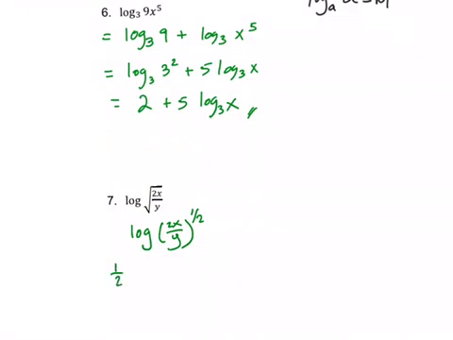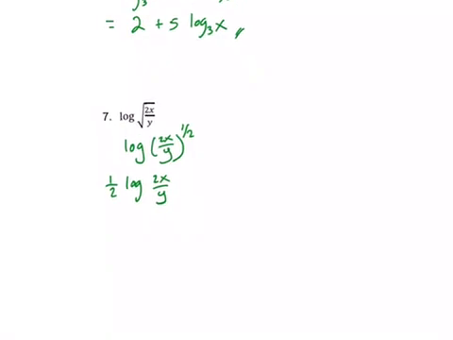So I have 1/2 times the logarithm of 2x over y. Now I'm going to keep that and put a parenthesis so I can expand that logarithm of 2x divided by y as the logarithm of 2x minus the logarithm of y.